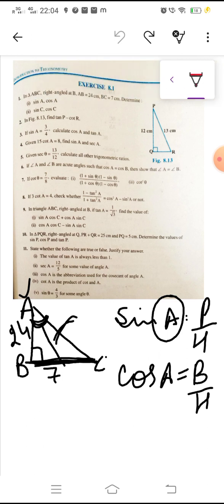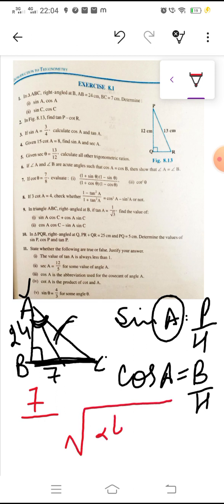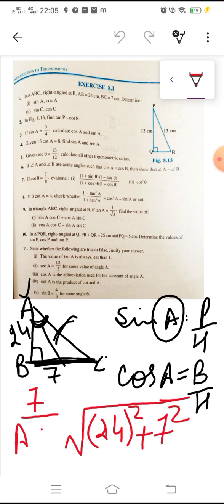So what will be the value of sine A? Perpendicular here is 7, and you will find the hypotenuse using Pythagoras: 24 square plus 7 square. Why? Because AC is equal to under root of AB square plus BC square.